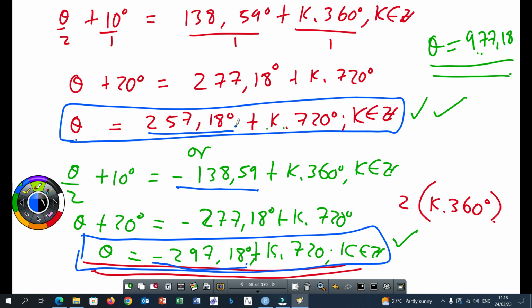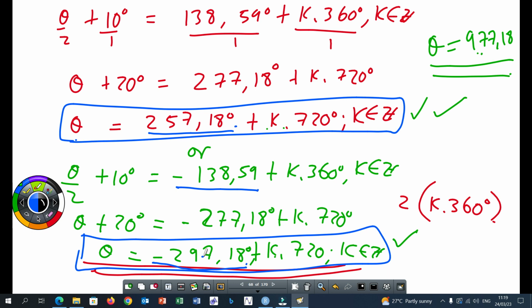This one is in the third quadrant, isn't it? This one here, minus 297, it will be in the fourth quadrant. This one will be in the first quadrant. But cos of a negative and cos of a positive give you the same ratio.